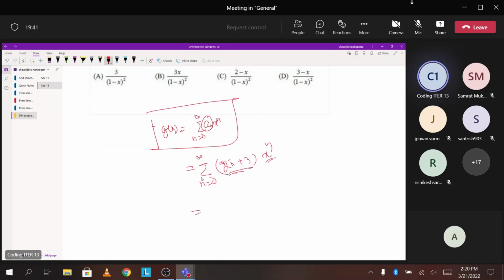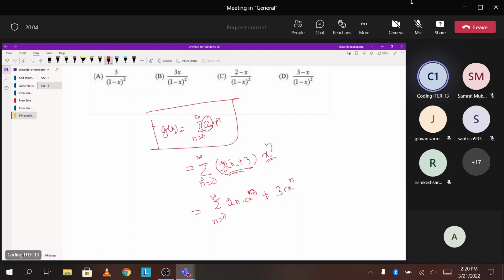So what you have to do right now, just solve it. Summation n equals to 0 to infinite of 2n into x to the power n plus 3 into x to the power n.